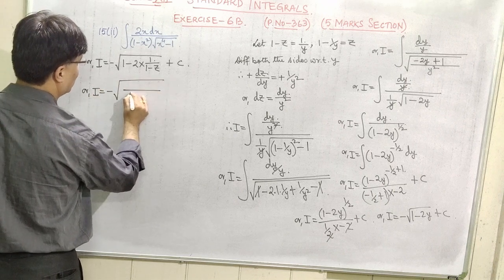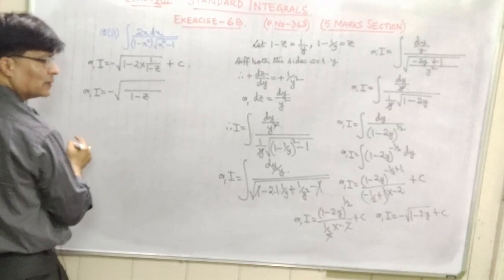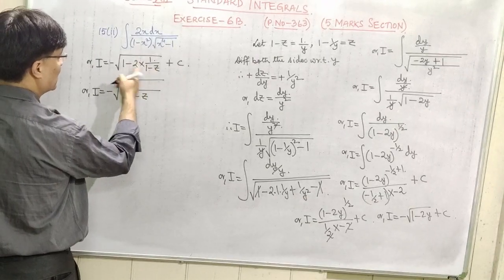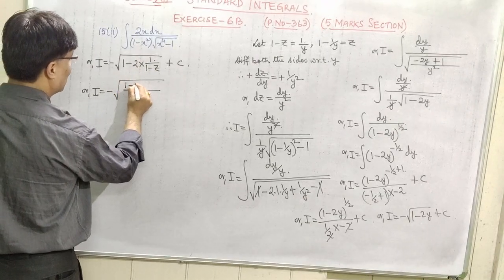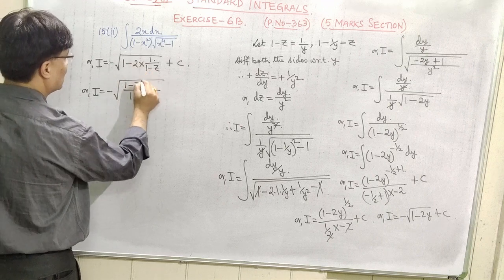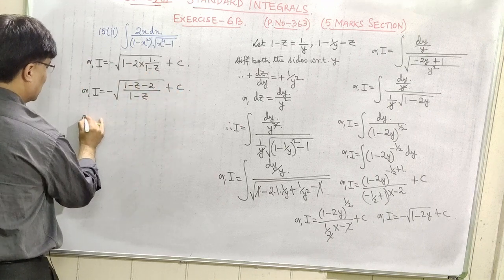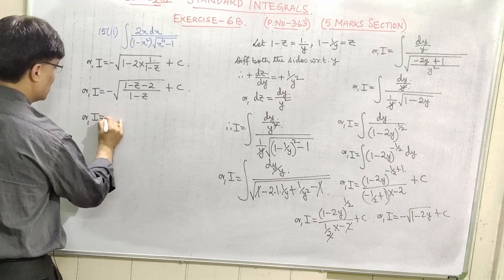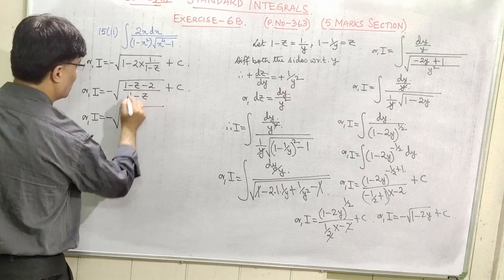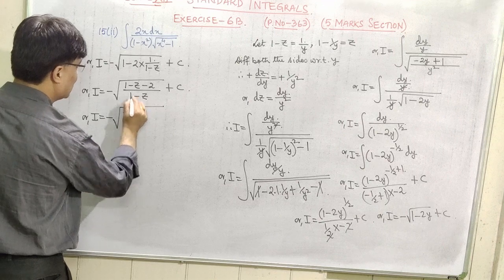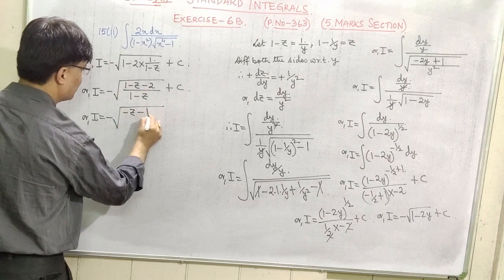What's the LCM? 1 minus z. So in the numerator we have 1 minus z into 1 is 1 minus z, then minus 2, plus c, right? Or I is equal to minus within square root, here we have minus z, 1 minus 2 minus 1.